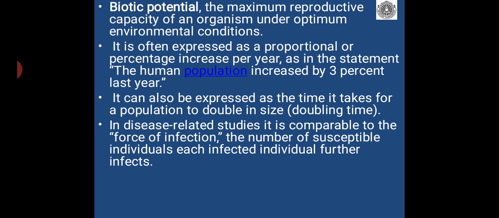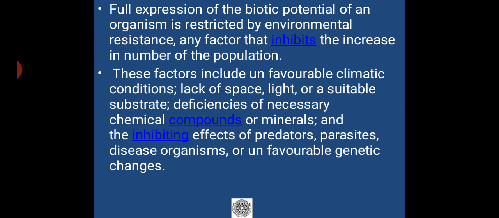In disease-related studies, it is comparable to the force of infection, the number of susceptible individuals each infected individual further infects. The full expression of the biotic potential of an organism is restricted by environmental resistance, any factor that limits the increase in number of the population.